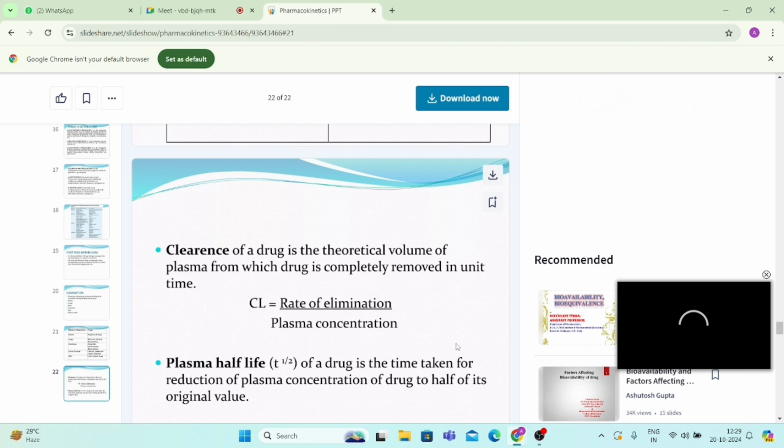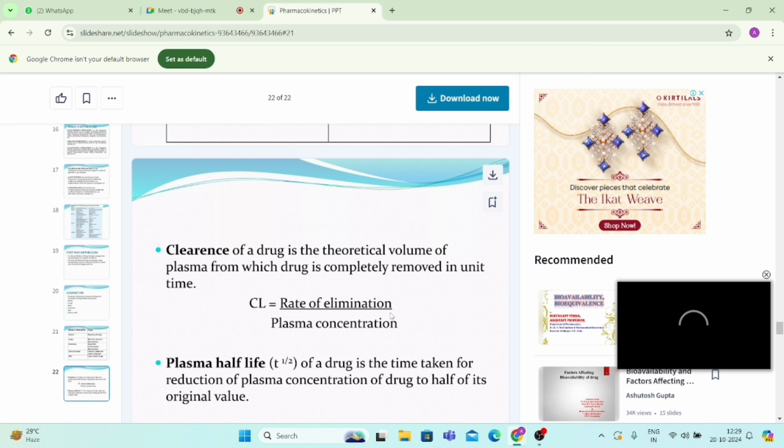And next we have clearance. Clearance in the sense the drug which will be completely removed in a specific time. Specific time in the sense, suppose when we talk about 2 hours or 3 hours, how much amount of drug has been eliminated, that we call clearance. But complete removal has to occur. It's not the partial removal of the drug, it is the complete removal.